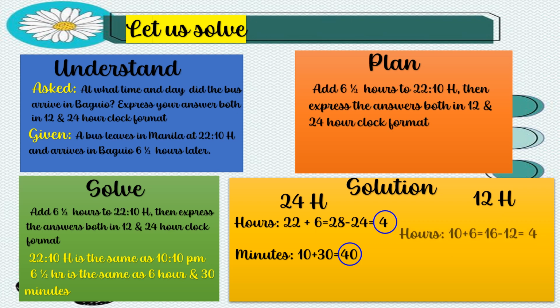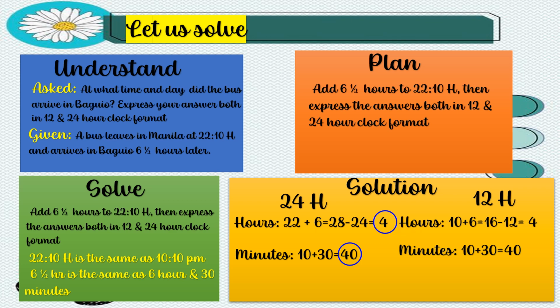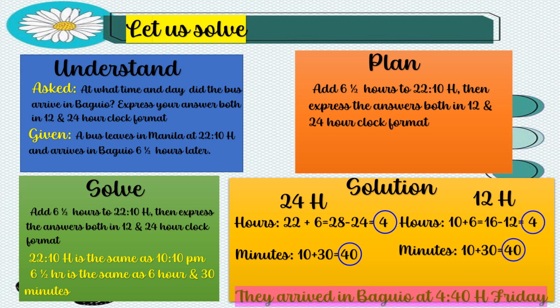Now, for the 12-hour, yung hours natin is 10. Diba 10:10 p.m. ang equivalent ng 22 hours or 2210 hours. So, we have 10 plus 6, that is equivalent to 16. Okay, since we are using 12 hours, minus natin yung 12, then you will get 4. So, in terms of minutes, we have the same. 10 plus 30, that is equivalent to 40.